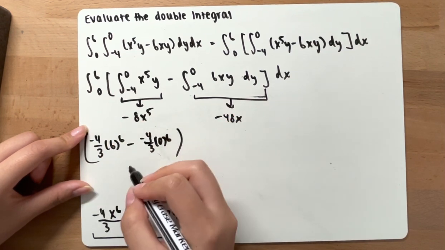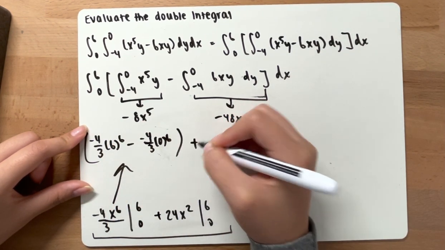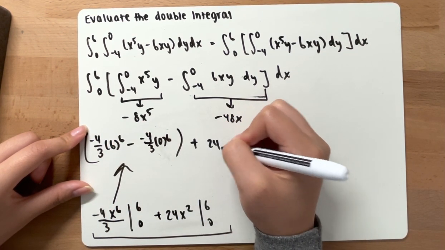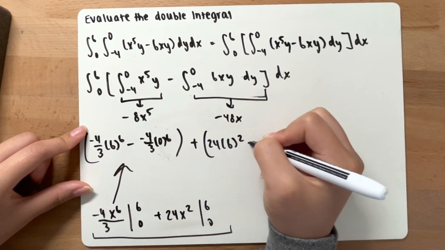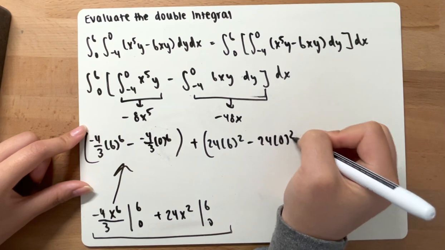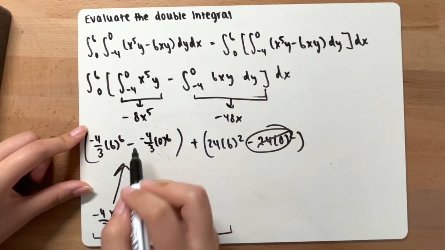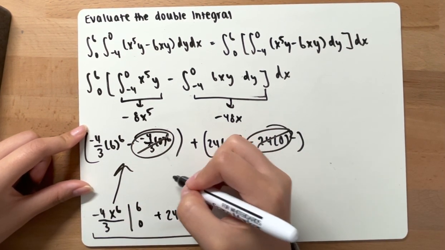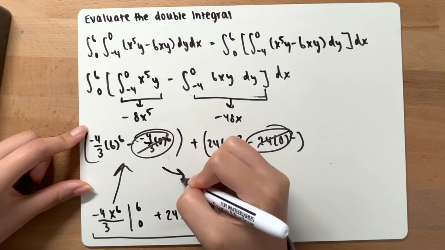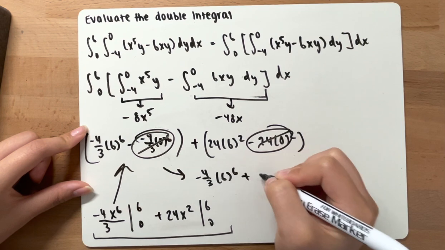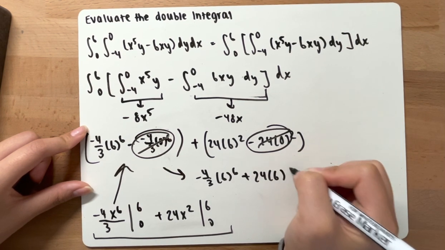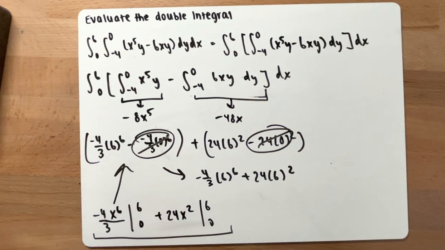Okay, this will be for this, plus 24 times 6 to the 2nd power minus 24 times 0 to the 2nd power. So this cancels out. This cancels out. You have -4/3 times 6 to the 6th power, plus 24 times 6 to the 2nd power.